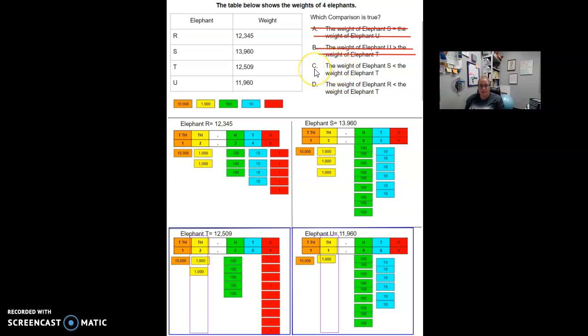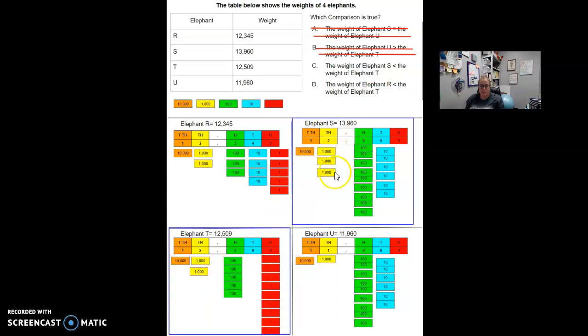Now I'm going to look at answer choice C. Answer C says the weight of elephant S is less than the weight of elephant T. So this time I'm looking at elephant S and elephant T. So I'm looking at these two. Again, I'm going to start at the place that's the furthest to the left. So I'm going to look at my 10,000s place. I have 1 ten-thousand here and I have 1 ten-thousand here. Well, which is great, except that doesn't help me compare.